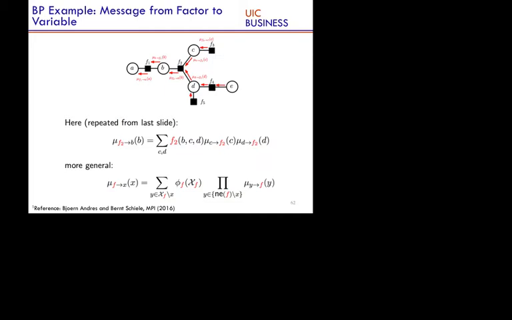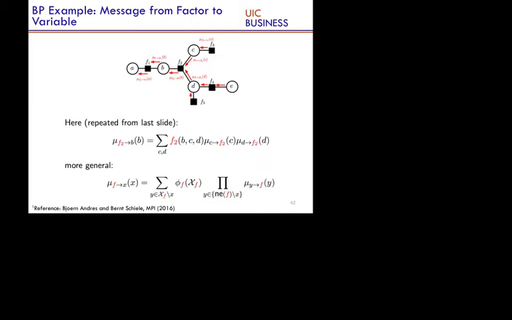Irrelevant variables here are basically the other variable nodes other than b, right? I want to pass a message to b, but I'm also connected to two other variable nodes c and d. So let me sum over c and d. Since I'm a factor node, I will have a factor associated with me. So that's the factor f2 of bcd. And I'm going to multiply that factor with two messages which are from the c variable node and the d variable node.